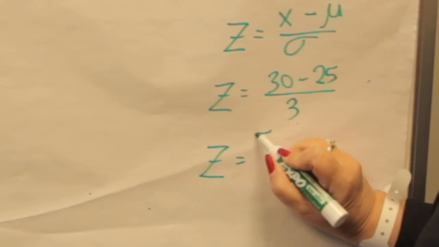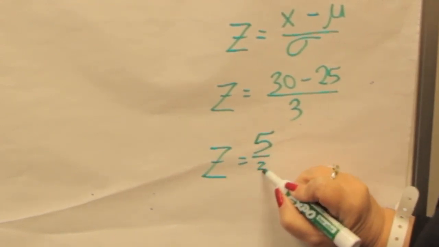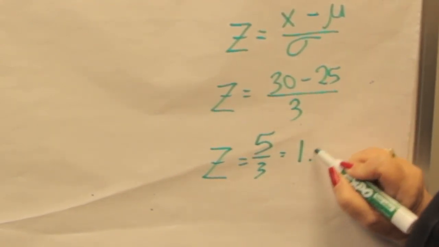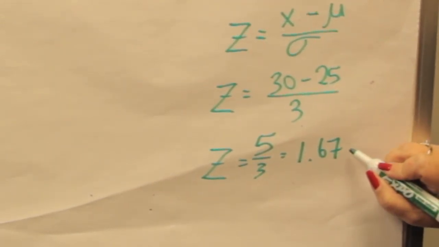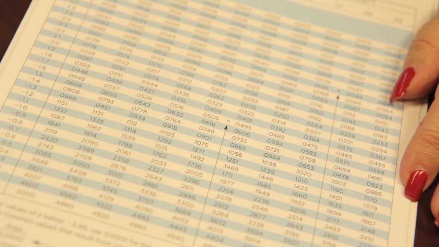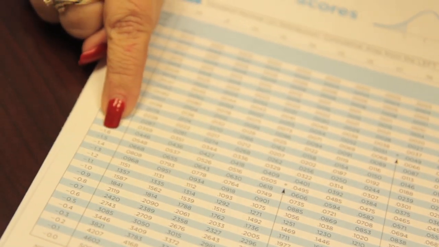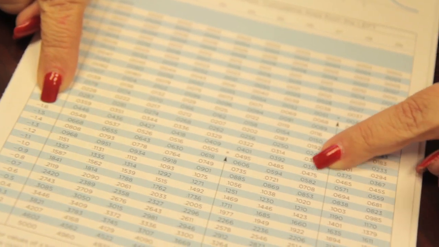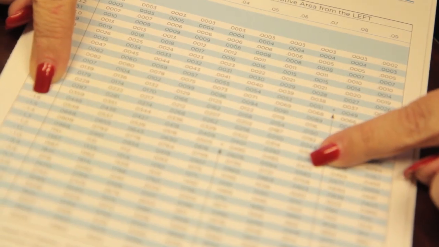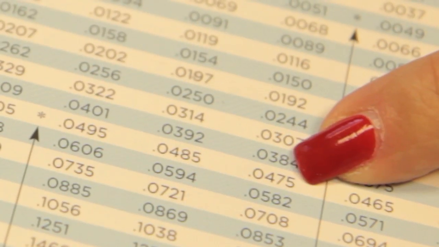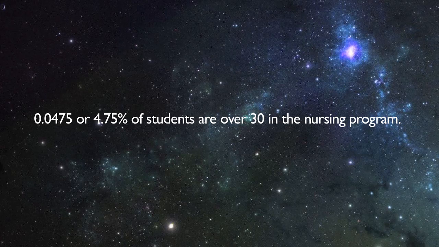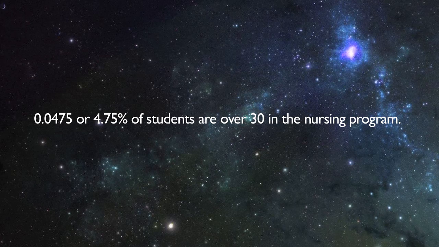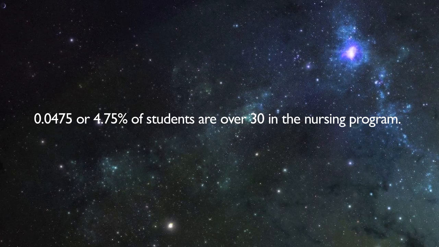So we get a z-score of 5 over 3, which is 1.67. This is the value we're going to look up on the normal curve table. You go down here to 1.6 and across to 0.07. This gives us 0.0475, or 4.75%. So 4.75% of the students are over 30 in the nursing program.